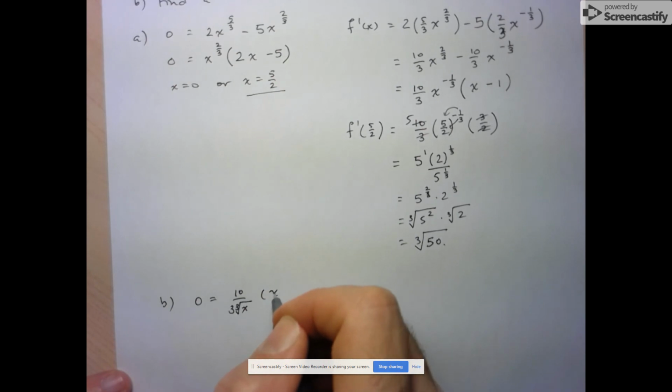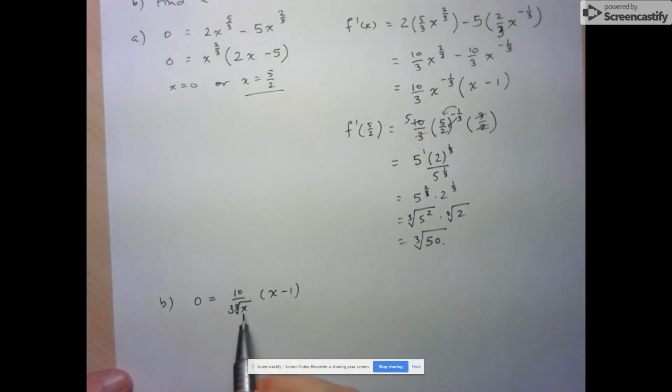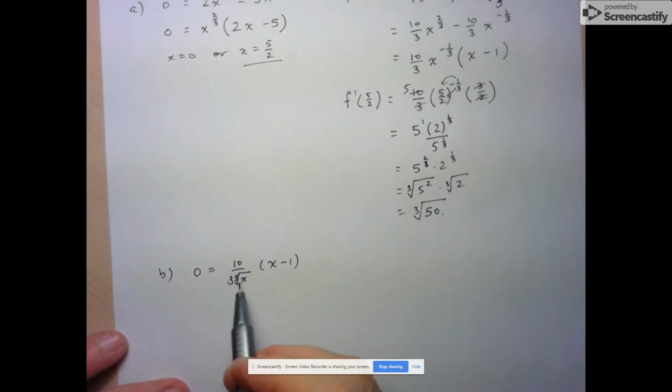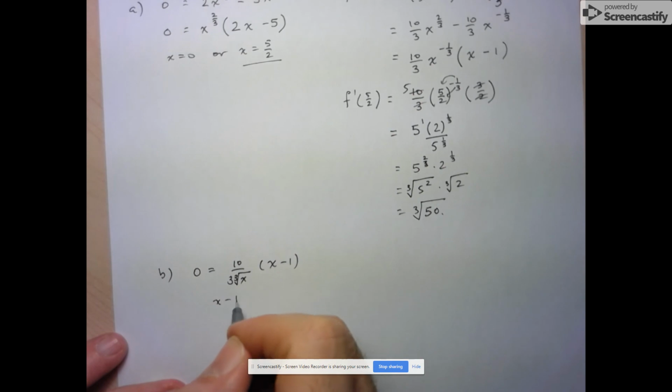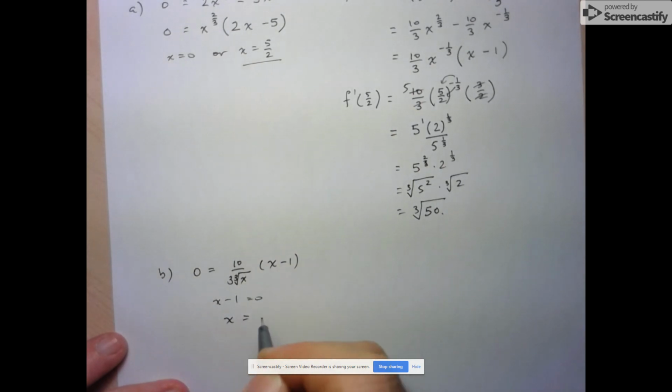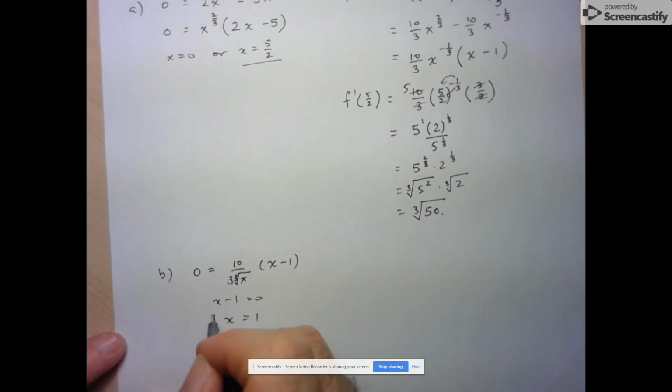The reason why I did that is just to make sure that it's clear that x being 0 is not acceptable here because it's in the denominator. So the only thing that makes this expression 0 is if x minus 1 is equal to 0. In other words, if x is equal to 1. And there's our A value.